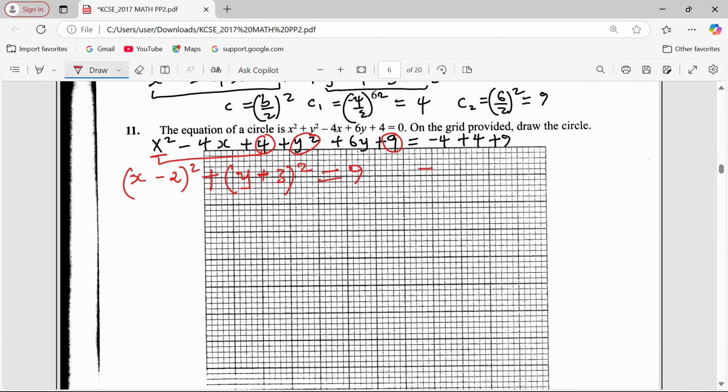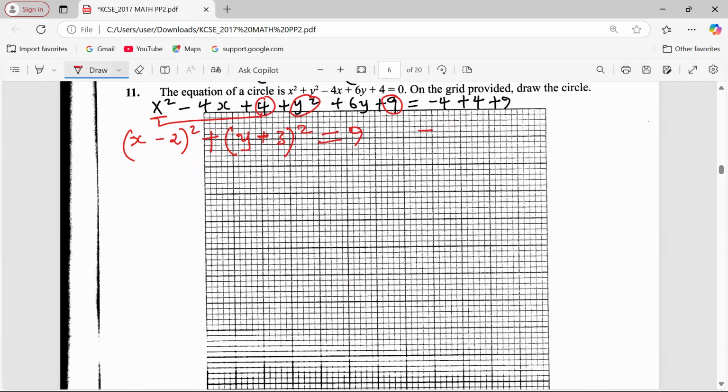If that is so, we need to remind ourselves that the general equation of a circle is given by x minus a squared plus y minus b squared equals radius squared. In this case, (a, b) is the center of the circle.